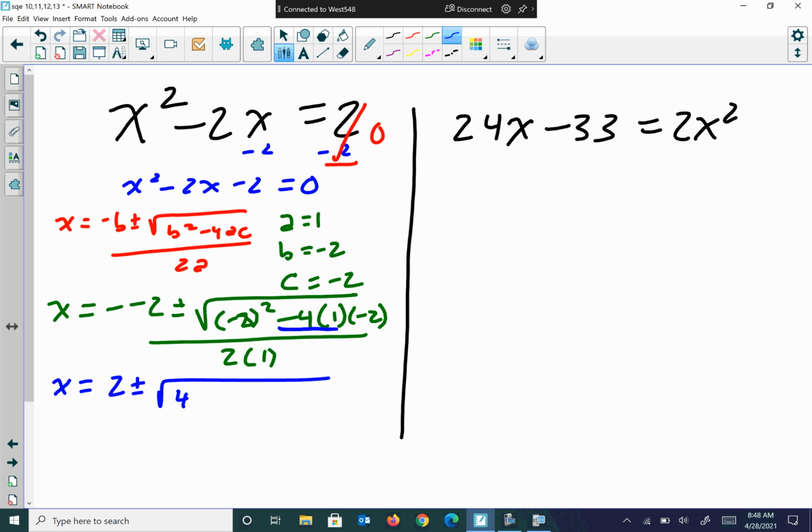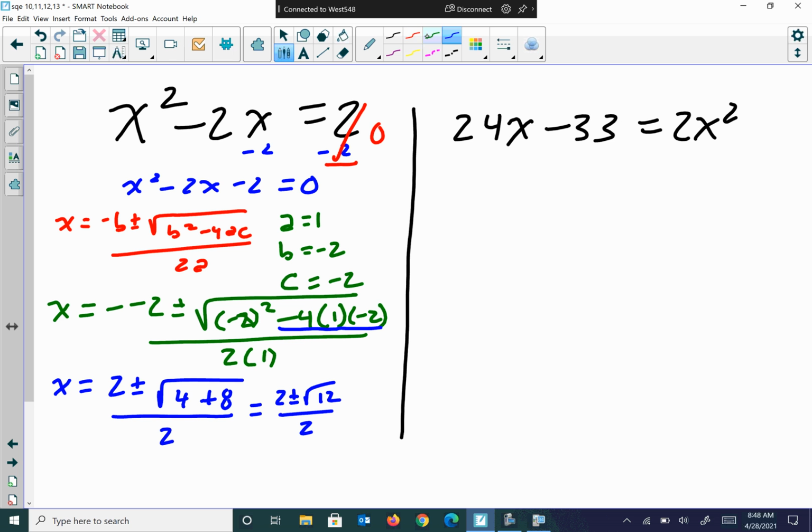Negative 4 times 1, negative 4. Negative 4 times negative 2, positive 8. Guess I didn't need it as big as a radical sign. Okay. All over 2 times 1, which is 2, which gives me 2 plus or minus root 12 over 2.